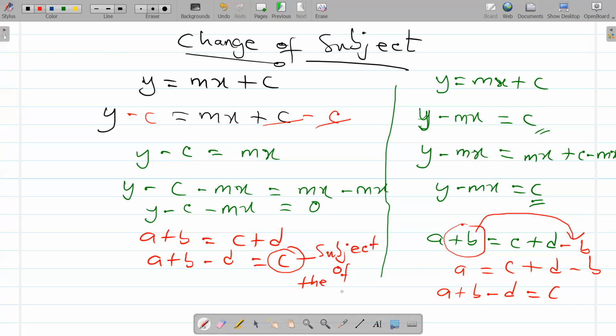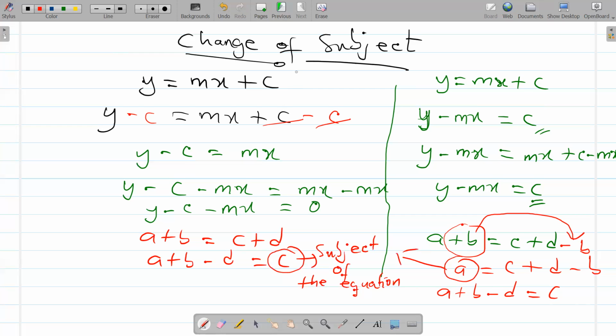And on this side, A is now the subject of the equation, because A is standing alone at one end of the equal to sign. Is it okay? Yes.